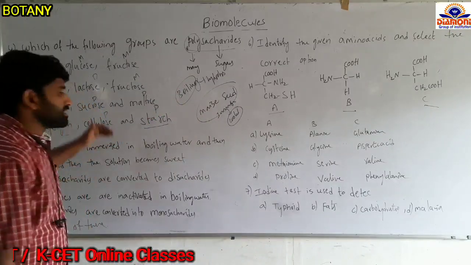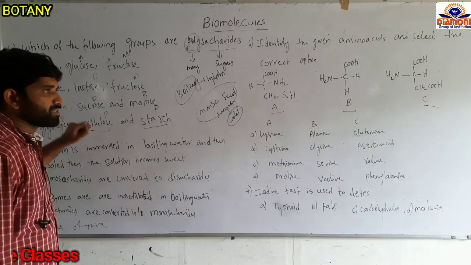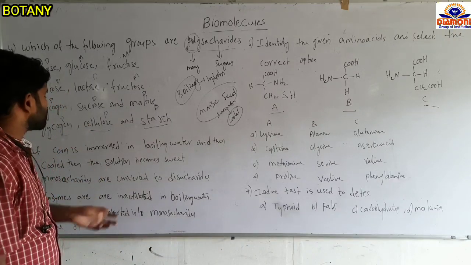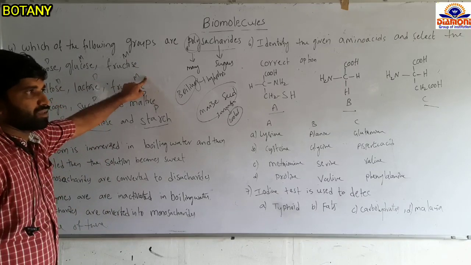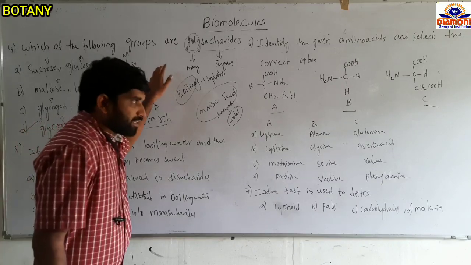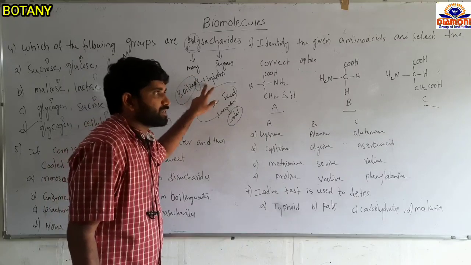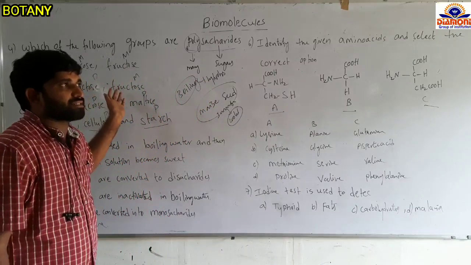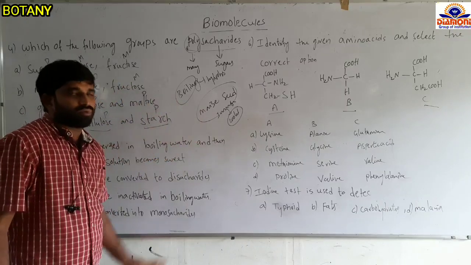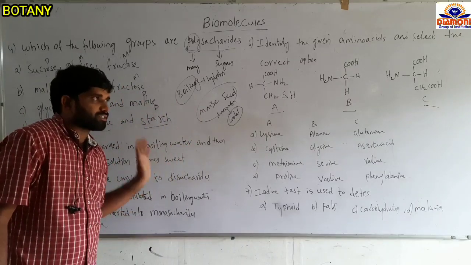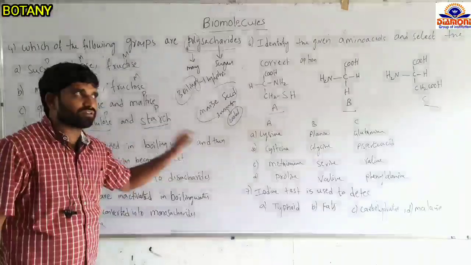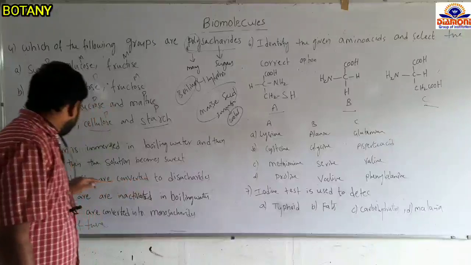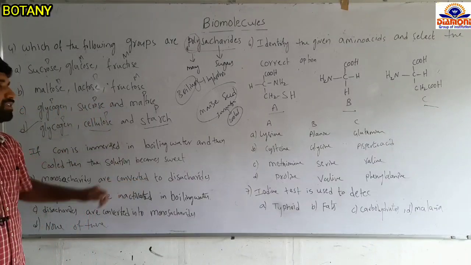At the time of boiling, hydrolysis takes place. If disaccharides are present, they can convert into monosaccharides. If polysaccharides are present, they can also convert into monosaccharides and disaccharides because of the hydrolysis process.